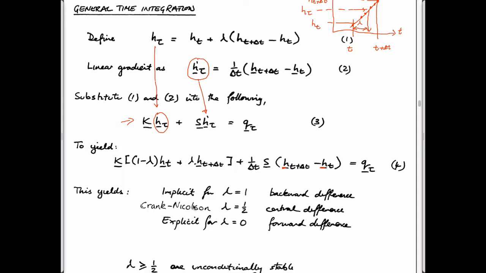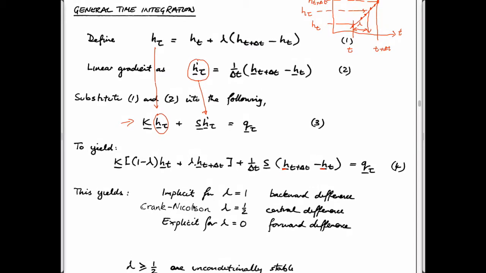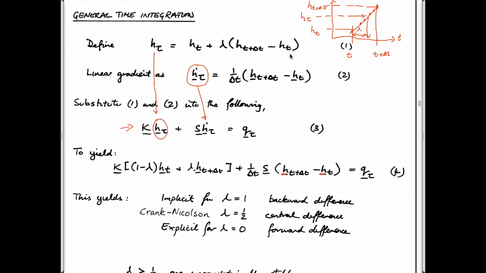And so one reason for doing that is to realize that we're not limited to writing these expressions at these endpoints, but we can also write it anywhere in between. And we may or may not want to do that, but often we want to write it halfway in between, where lambda is equal to a half, for the reasons that are mentioned here.